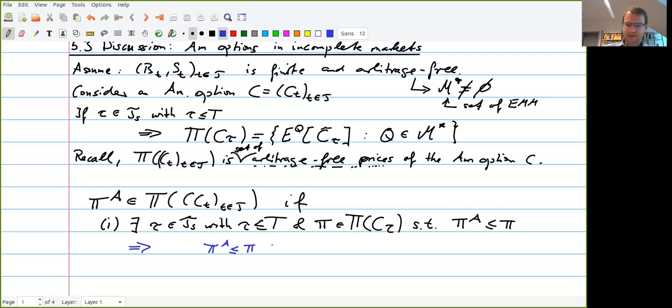So PA is less than pi, and now I know from the theory of the pricing of European options that this pi can be expressed as the expected value under some equivalent martingale measure Q of the discounted European option, so the option C tau, for some Q. Right. So this is the formula we have seen here.